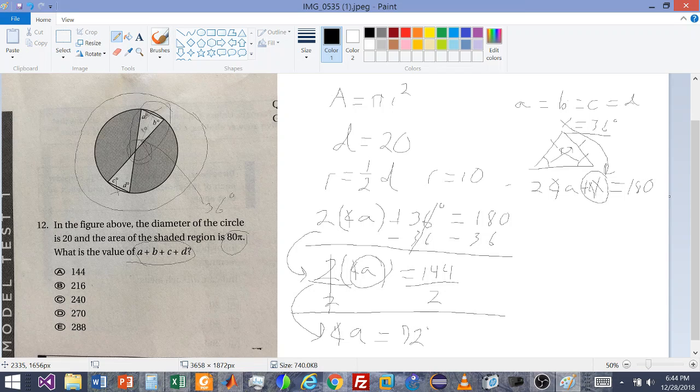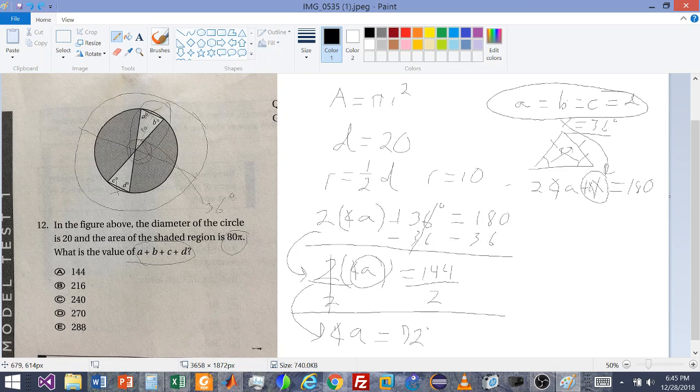So finally we know what A is, but that's not what they ask for, right? They ask what's A plus B plus C plus D. Well, again, we created this relationship up here based on an isosceles triangle and congruent triangles, the same triangle reflected across each other. This is the same as this.